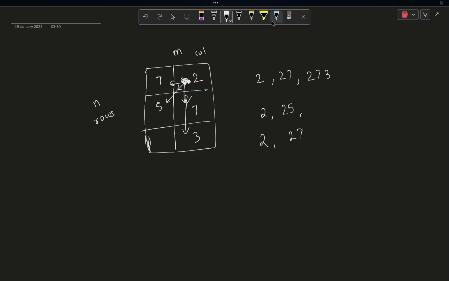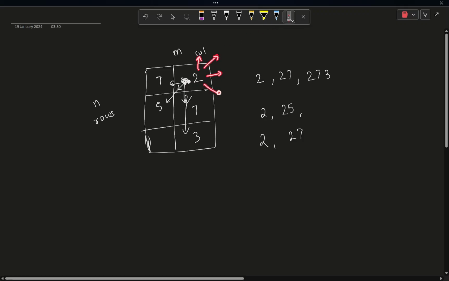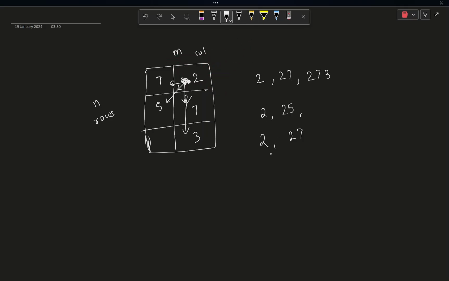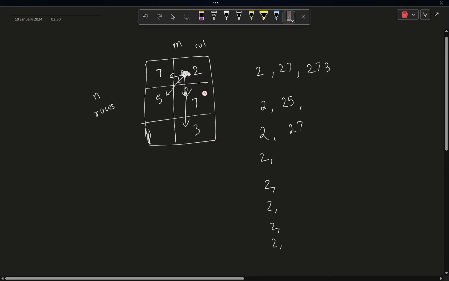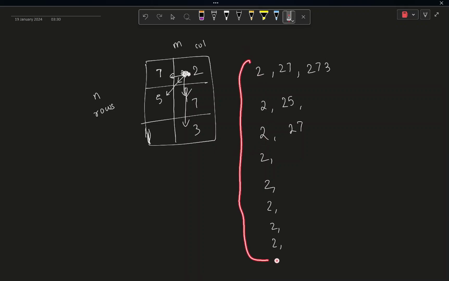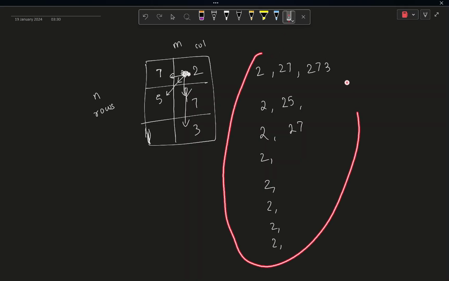And for the other five directions, like here, here, here, here, and here, there are no other cells there, so you will get only 2 every time, just 2, and there are no more cells while going in that path. Now the problem says that find out this thing for each and every cell. So for every cell, find out this whole set of all the numbers.